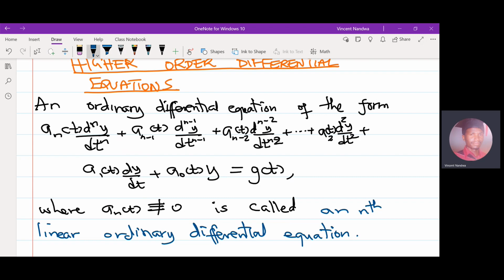We call such an equation an nth order linear differential equation.